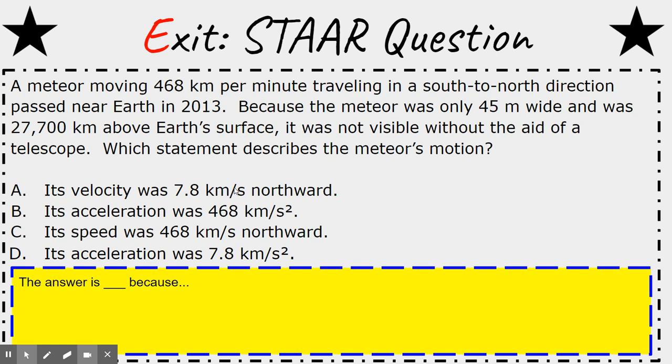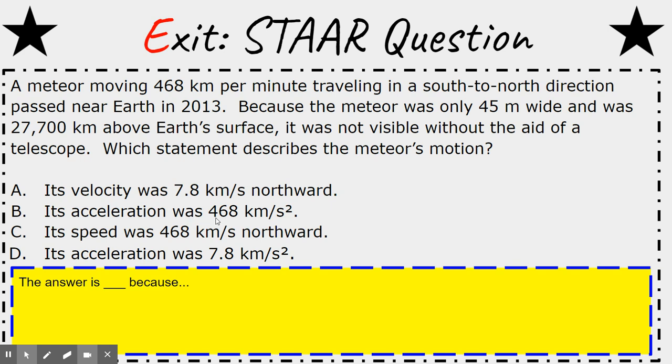So to change this speed into kilometers per second, we would have to take 468 divided by 60 seconds to get kilometers per second. 468 divided by 60 seconds would be 7.8 kilometers per second. And the meteor would be going northbound because it's going south to north.